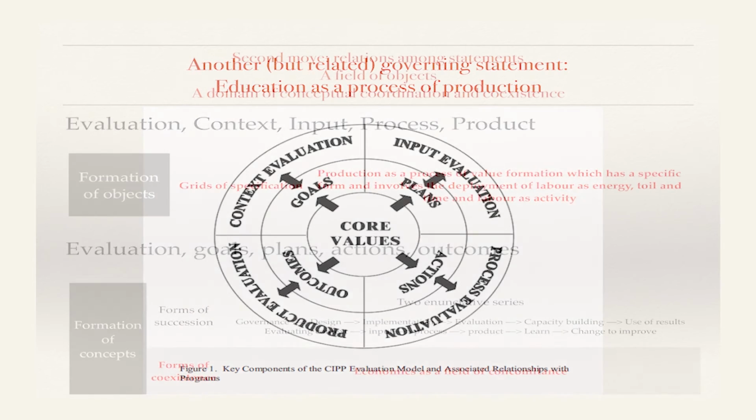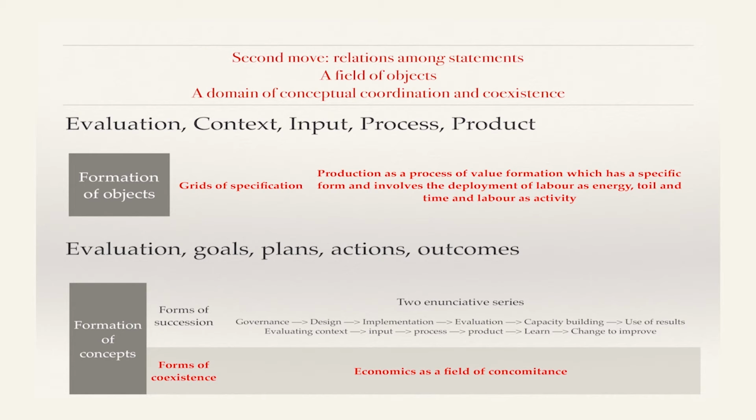And here you can again clearly recognize, together with the transposition of the grid of specification of the living system from biology, the establishment of a connection to economics as a field of concomitance, a collateral space of conceptualization, where production acts as another specific grid of specification.